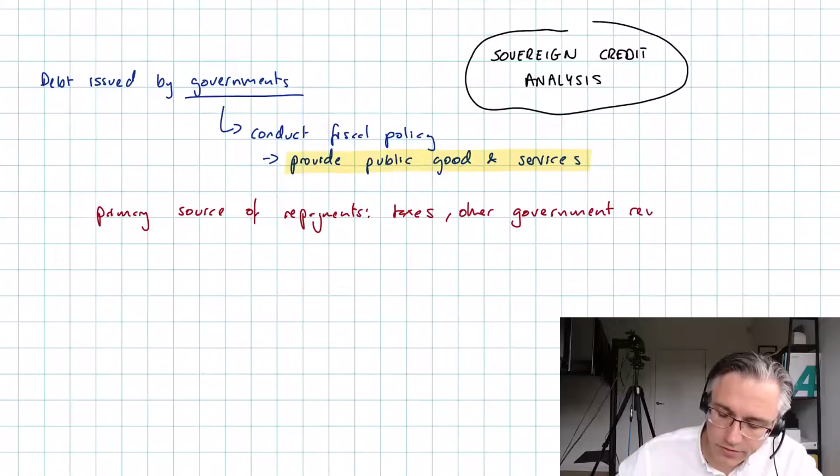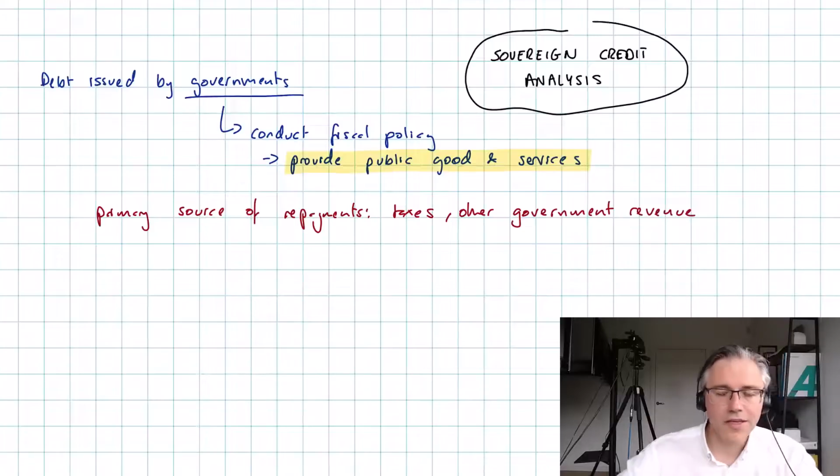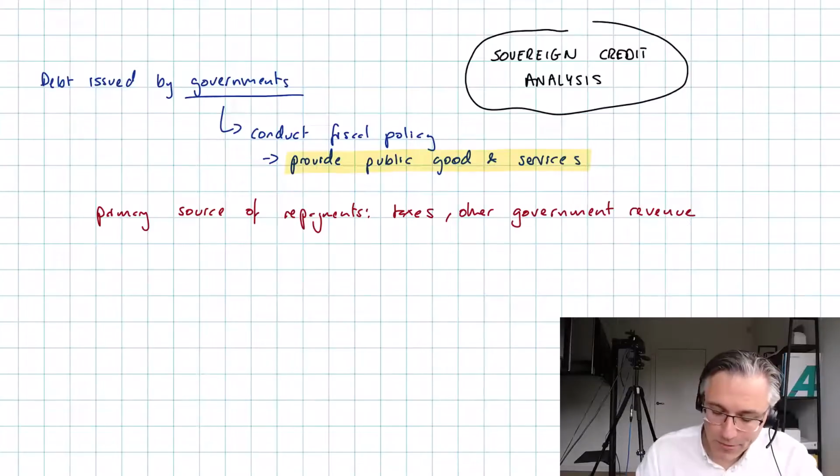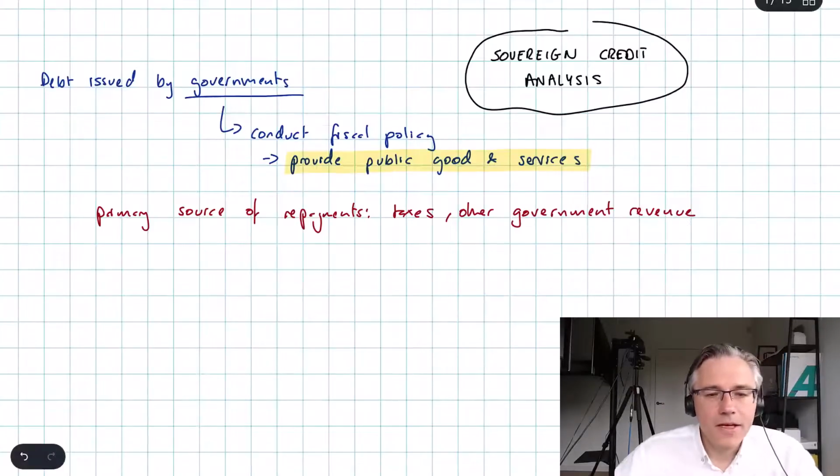For example, they may get dividends from companies which they own that are state controlled, or they may sell licenses to companies who want to, for example, operate phone networks in a country, things like that.